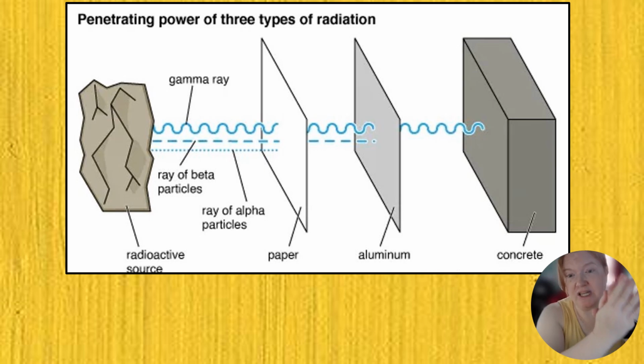Then we get to concrete, and gamma can partially get through concrete or thick slabs of lead, but that's going to provide the best protection against gamma. So in terms of which ones can penetrate through stuff, gamma has the most penetrating power, and alpha has the least, and then beta, positrons, is going to be in the middle.